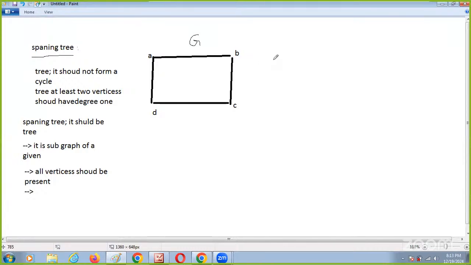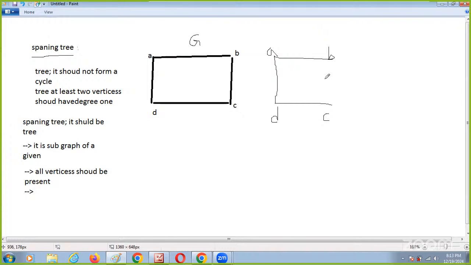Now the subgraph is like this. This is also a subgraph, and all vertices are present: A is present, B is present, and C, D. All vertices are mandatory. So is this a tree or not?